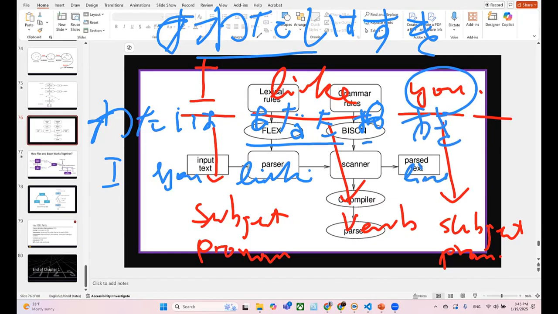So it's actually subject, object, verb order. So in terms of translation of the languages, your grammar structure gets changed.